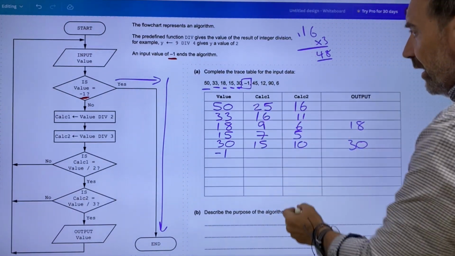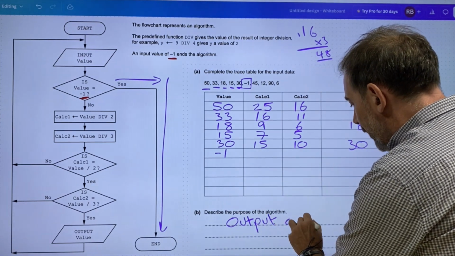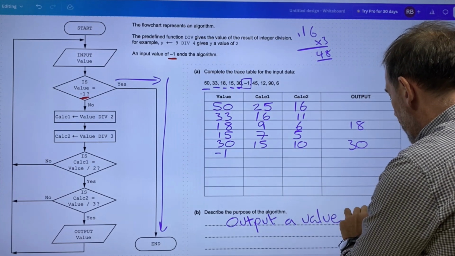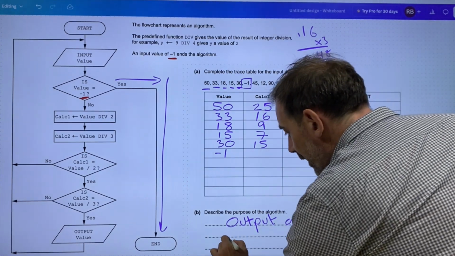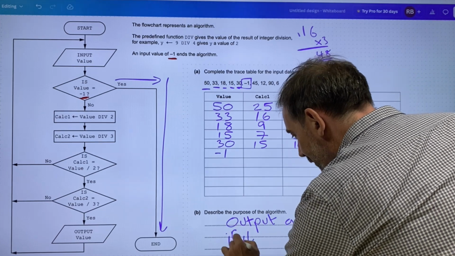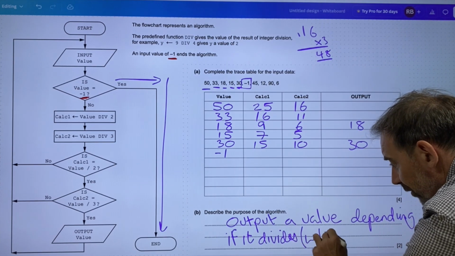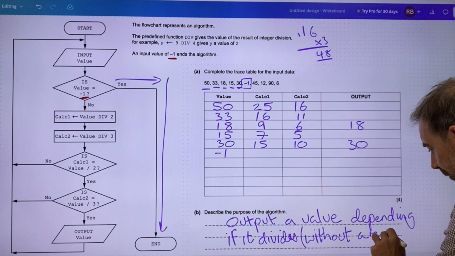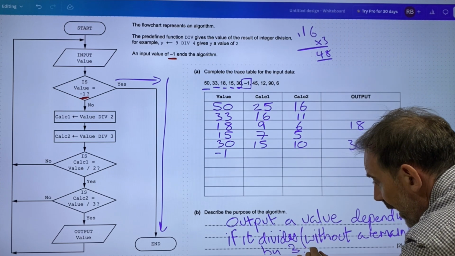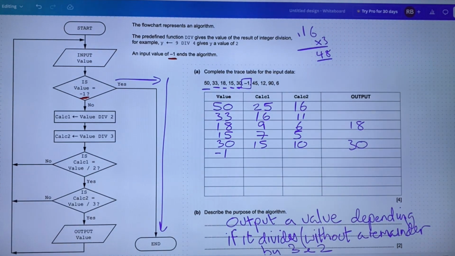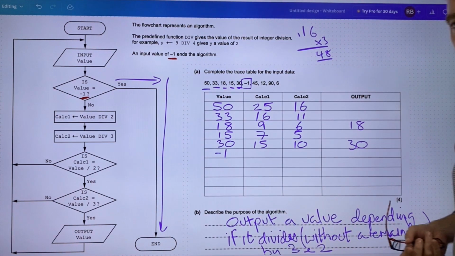It's going to basically output a value depending if it divides, I'm going to put in brackets, without a remainder, by 3 and 2. Output a value depending if it divides without a remainder by 3 and 2.